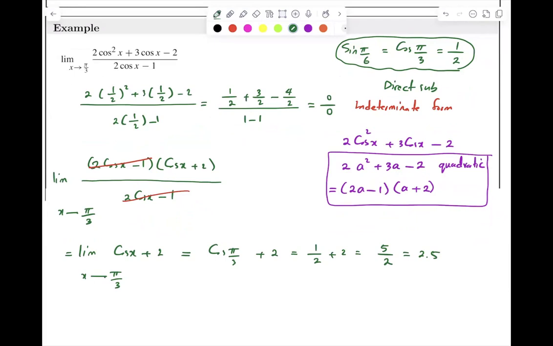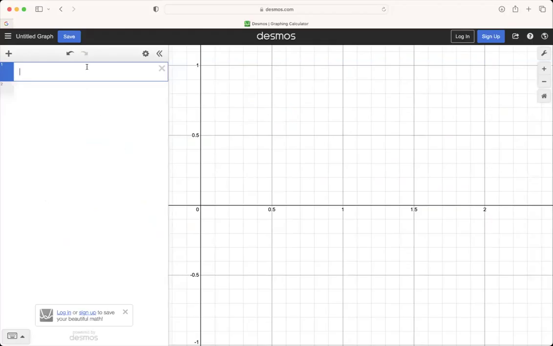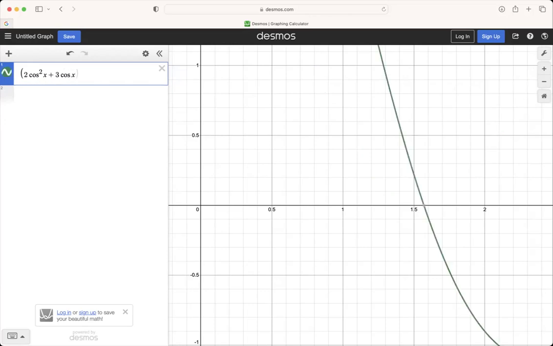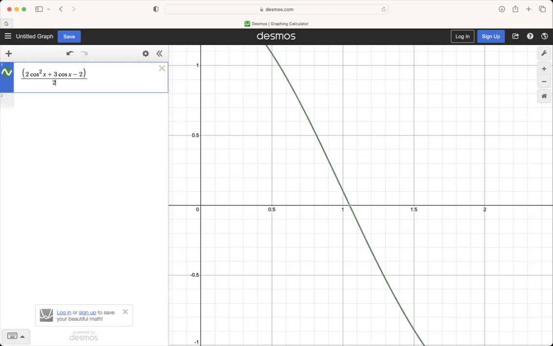You can take a look at Desmos as well to make sure everything is easy to analyze. So here we go. On the numerator, I have the function 2 cosine squared of x plus 3 cosine of x minus 2, divided by 2 cosine of x minus 1.